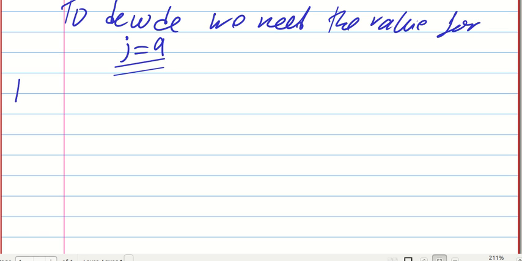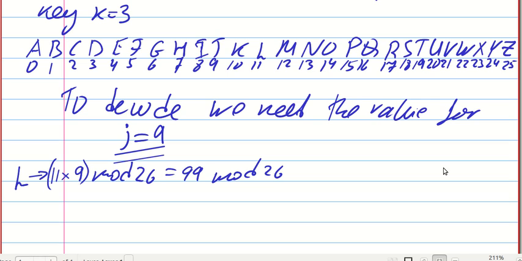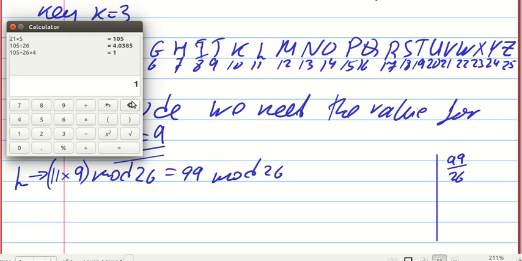All right, so we'll take letter L. We'll look it up in the alphabet. It's number 11. We multiply by 9. So we're going to get, and we want to do mod 26. So it's 99 mod 26. So maybe here on the side we're going to do the calculation. So we take 99, we divide by 26.